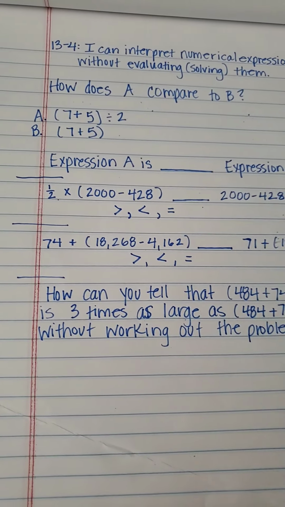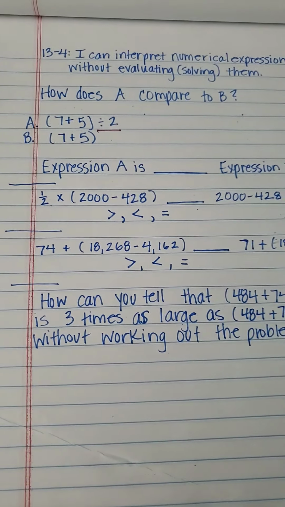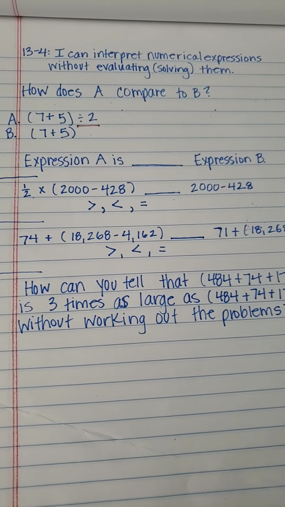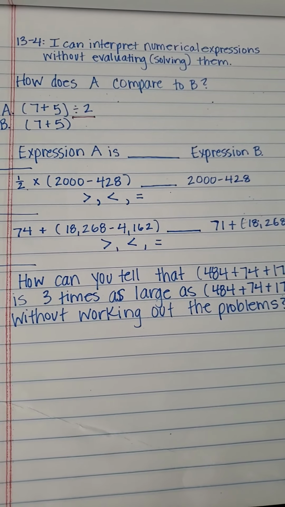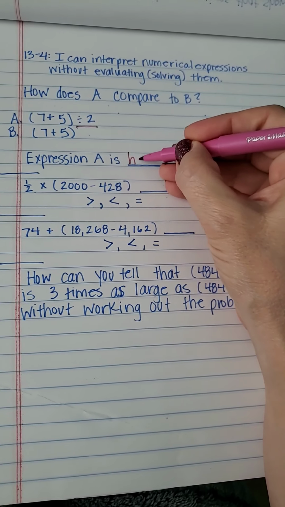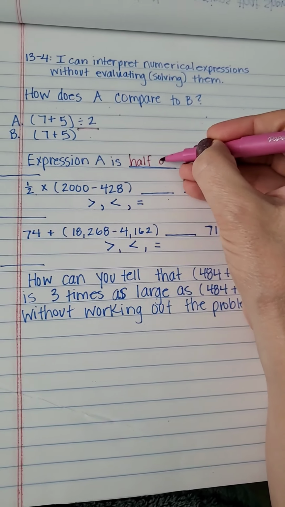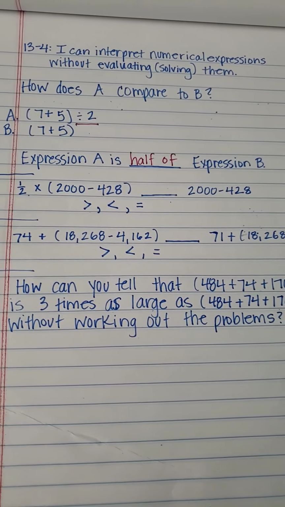But what's different is we're dividing by 2 in the first one. So since we're going to take 7 plus 5 and divide it by 2, that's going to make expression A half of expression B.